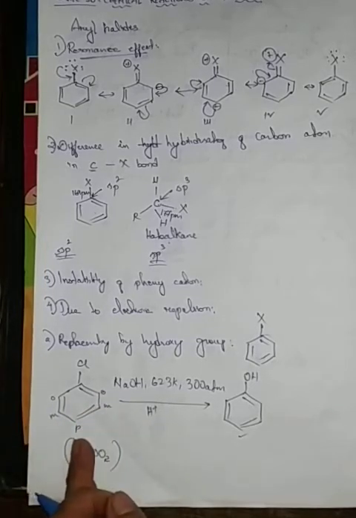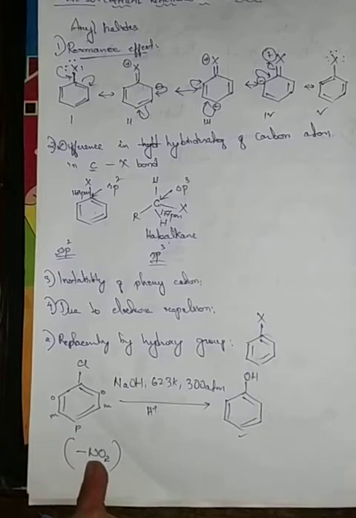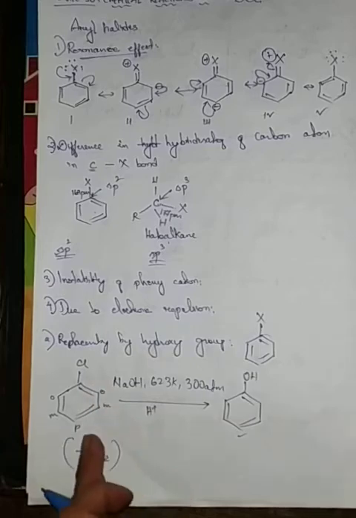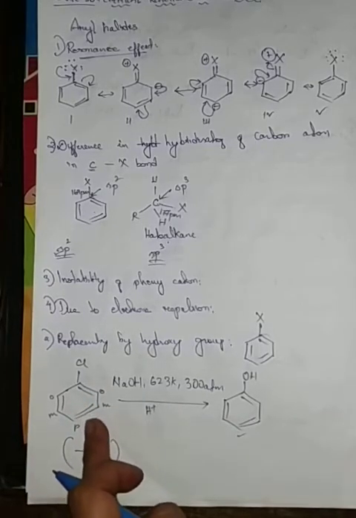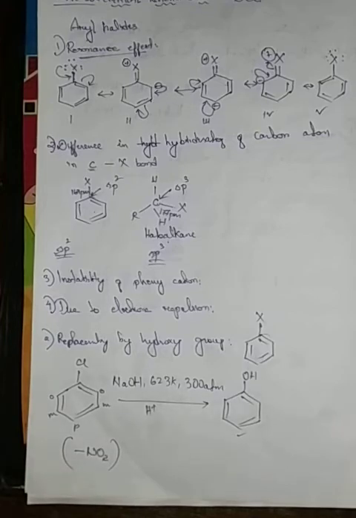If electron withdrawing groups are substituted at the ortho and para positions to the halogen atom, then it greatly activates the halogen atom for nucleophilic substitution reaction.